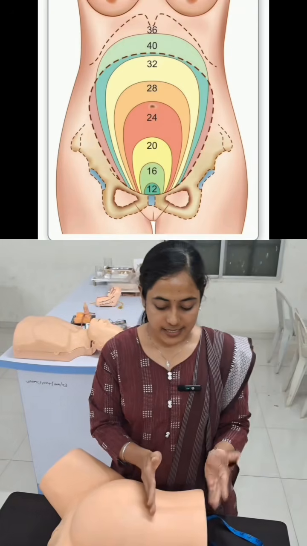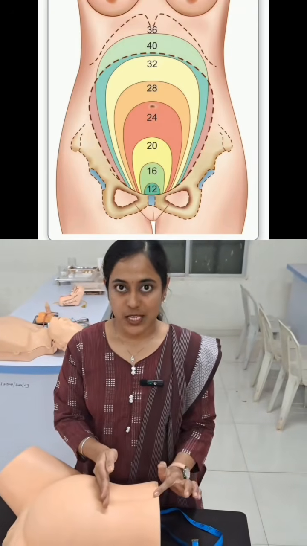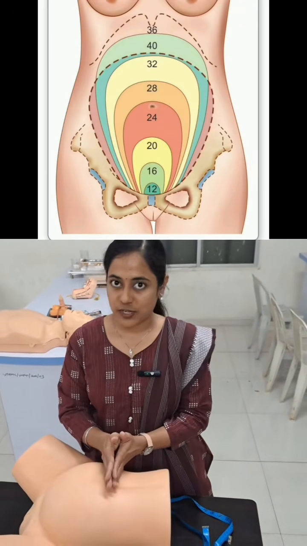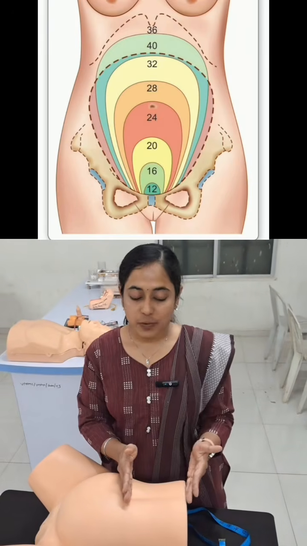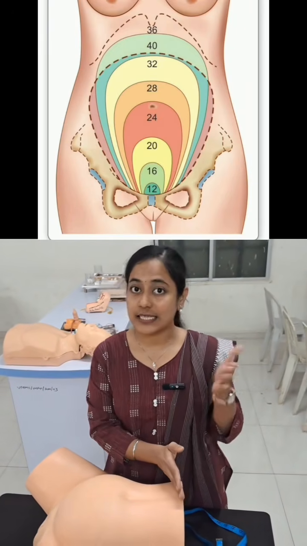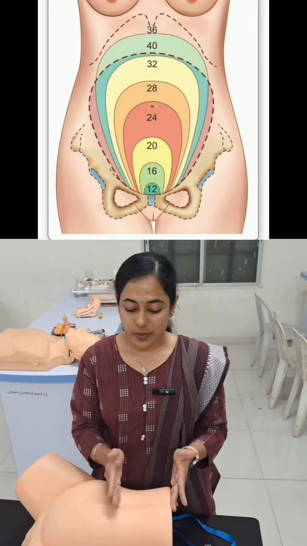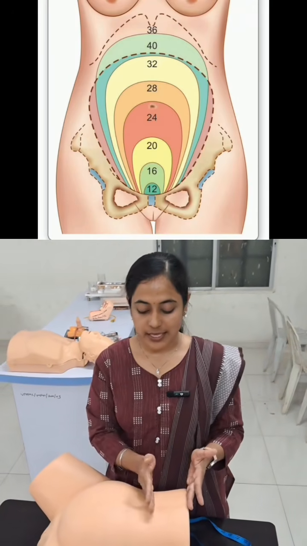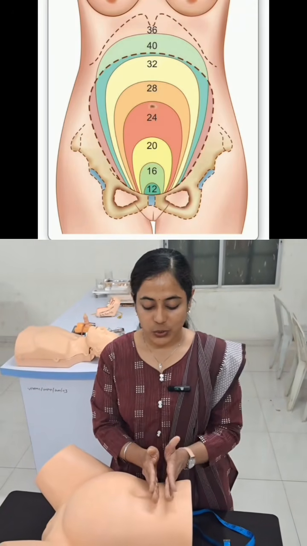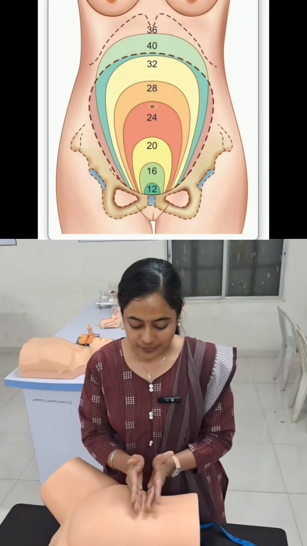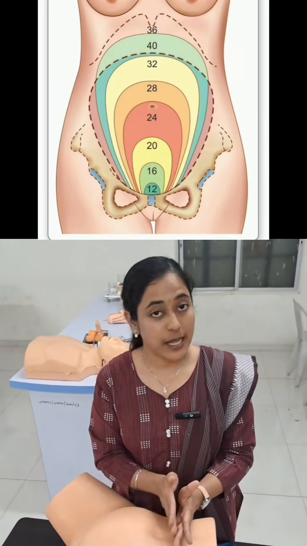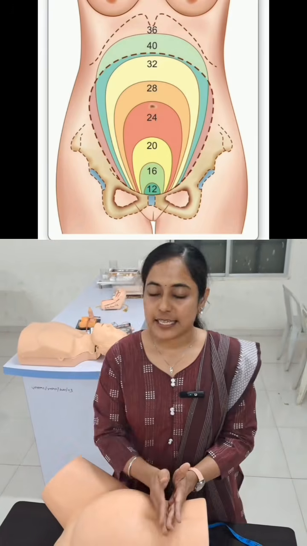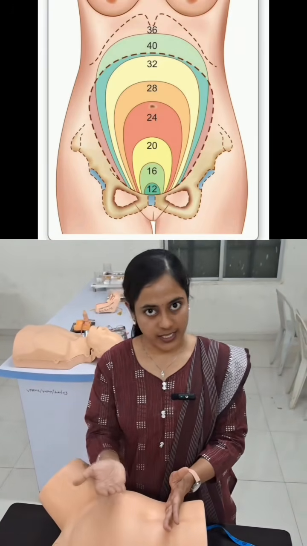Then we assess one more landmark, that is the xiphisternum. Up to the umbilicus, it is 24 weeks of the pregnancy, and up to the xiphisternum, that is 36 weeks of the pregnancy. Between these two landmarks, we are making 3 parts: 1/3, 2/3 and 3/3. If it is 1/3 from the umbilicus, then we can tell that the patient's gestational age is 28 weeks.